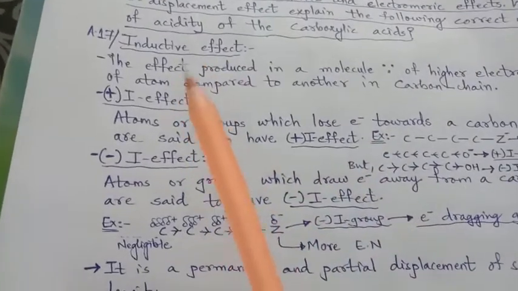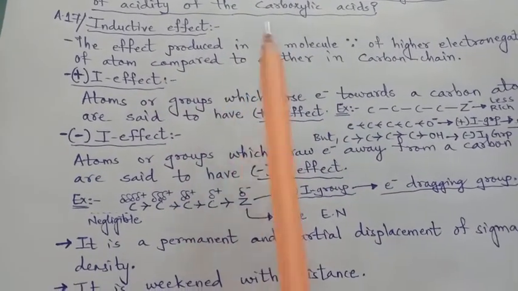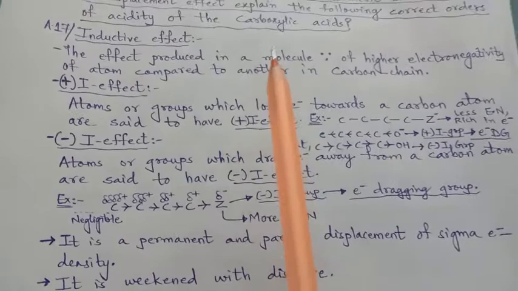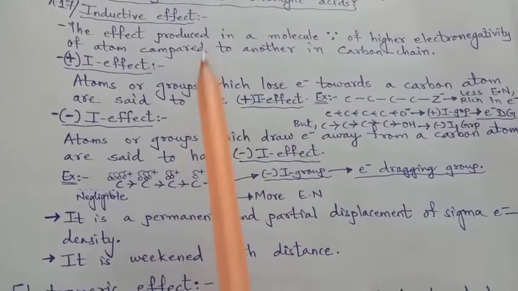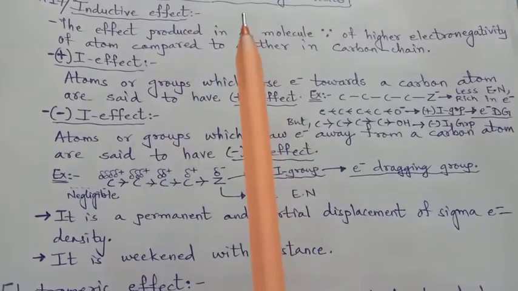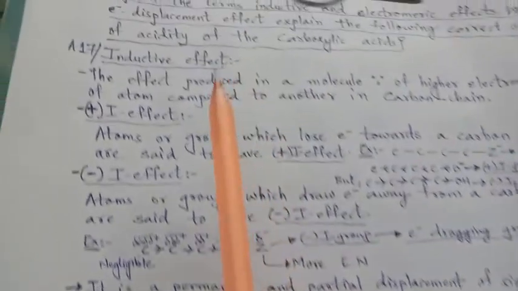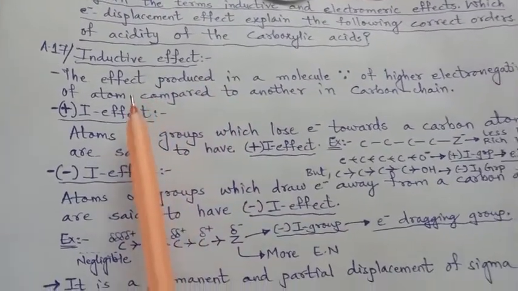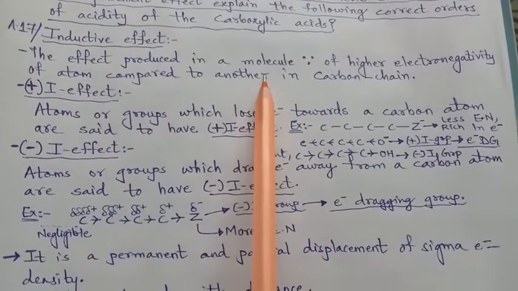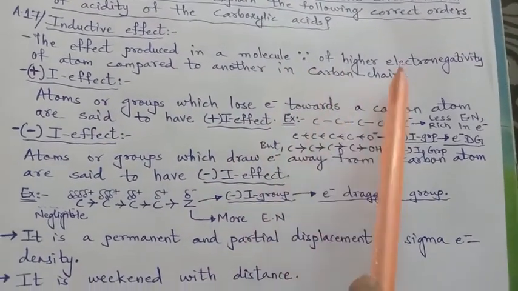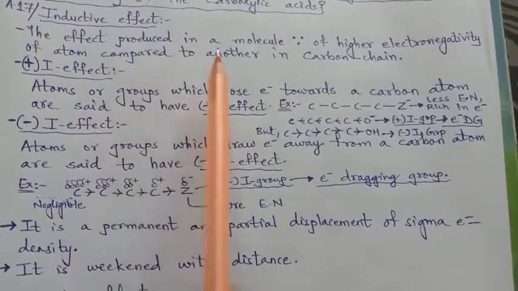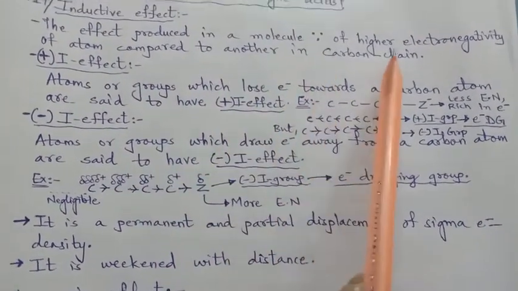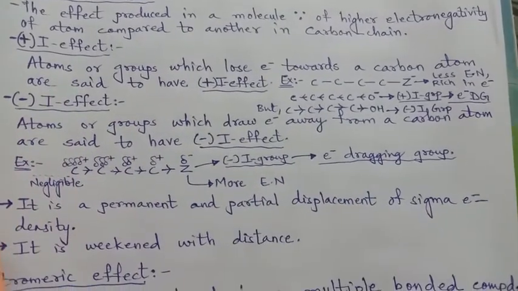So what is the inductive effect? You must know that if a more electronegative atom is present, it will try to drag electrons from the carbon chain. That is the inductive effect. The effect produced in a molecule because of the higher electronegativity of one atom compared to another in the carbon chain is the inductive effect.